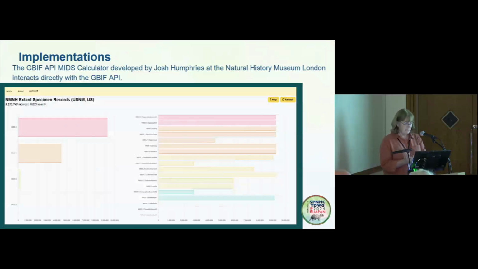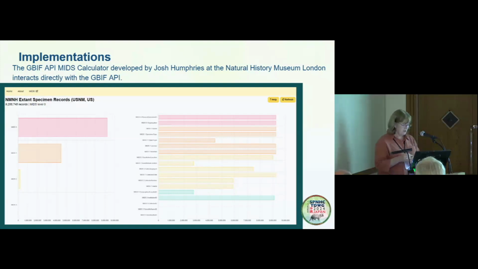Secondly, the MIDS checker, developed at the Natural History Museum in London, interacts directly with the GBIF API. This allows a more direct calculation, but it is constrained by the data available via the API, and it's also restricted to predefined datasets in GBIF at the moment.